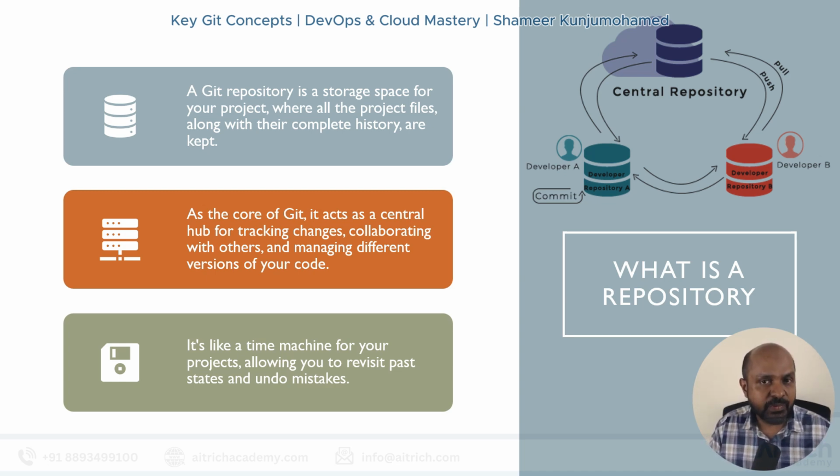So this is the capability of a repository, which is invaluable, and it's very critical to understand these features of a repository for an effective software development process and DevOps pipelines, and for undoing mistakes without disrupting the current state of the project.